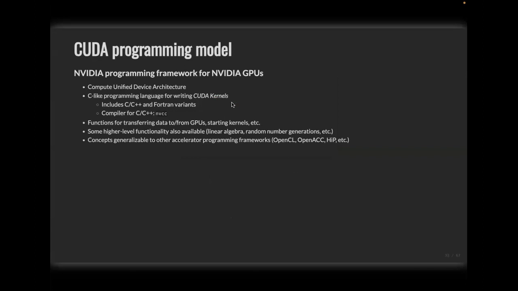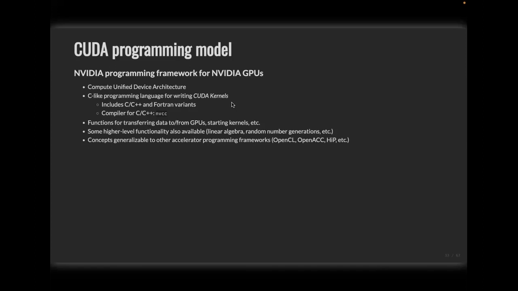The GPUs we will be using are NVIDIA GPUs, so I have to use some NVIDIA terminology, but the same things that we will do here are applicable also to other kinds of GPUs like AMD. It's just that some of the terminology and the names are different, but the concepts are the same.